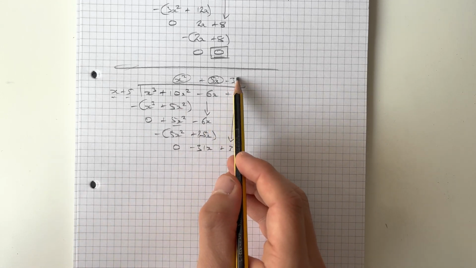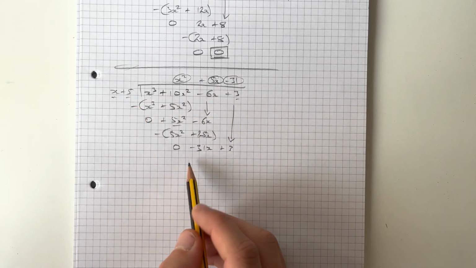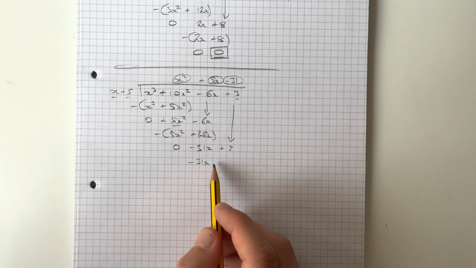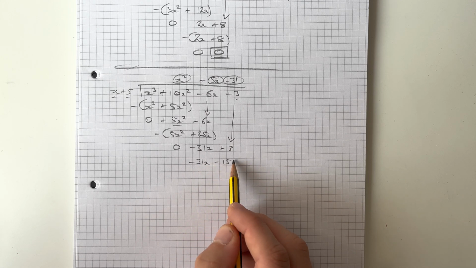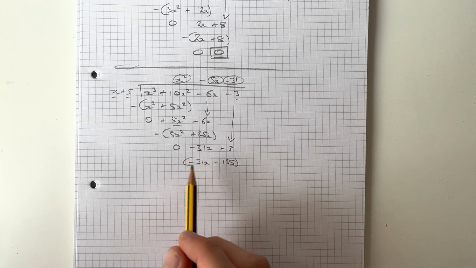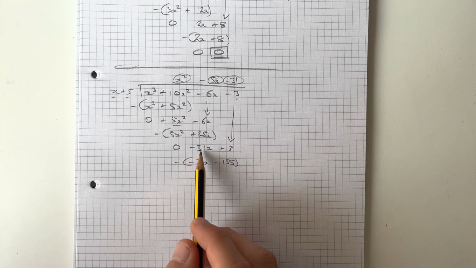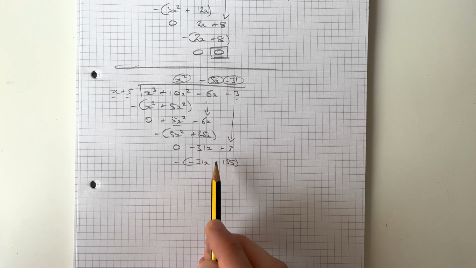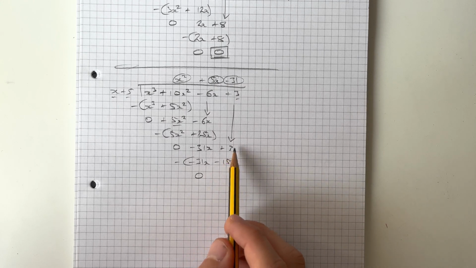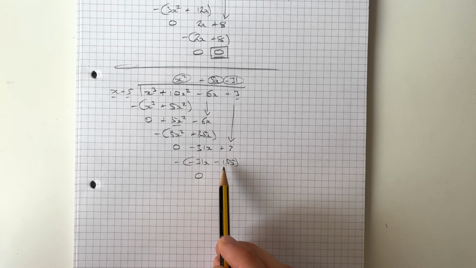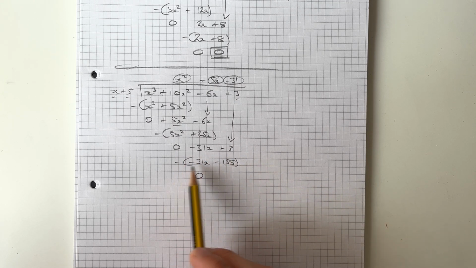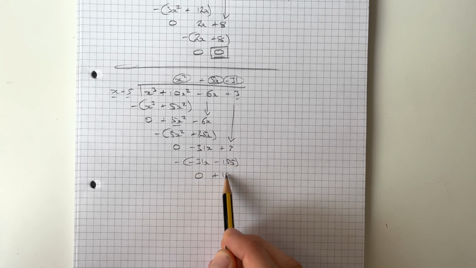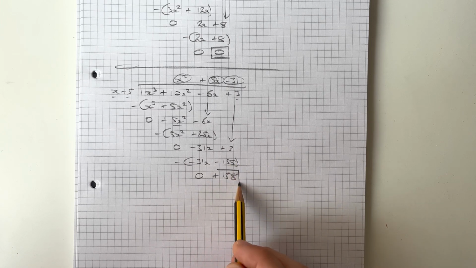And we do the same thing as always then, minus 31 times x plus 5 is minus 31x minus 155. And now we take it away. So minus 31 minus minus 31 is 0. And then 3 minus negative 155 is the same as adding, so that's plus 158. So 158 was our remainder here.